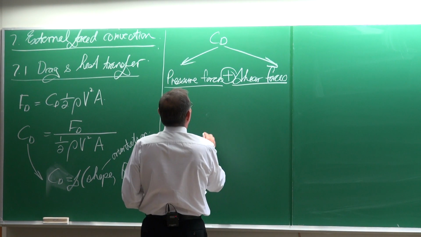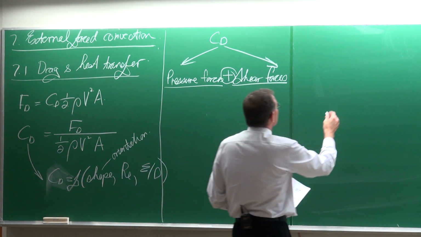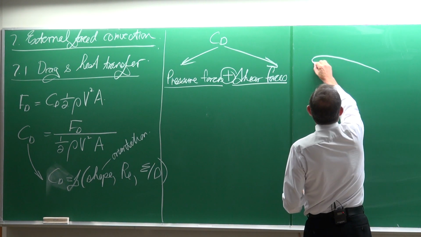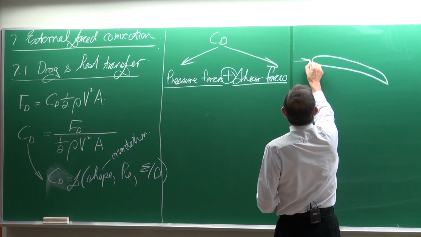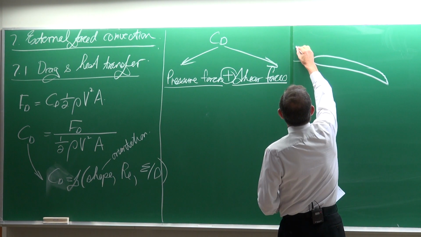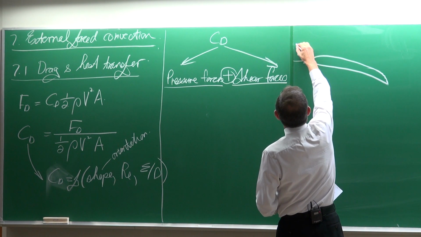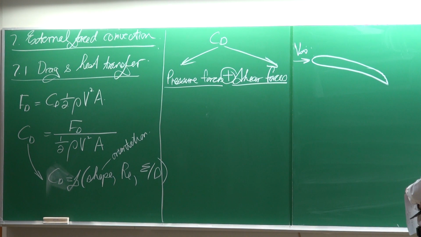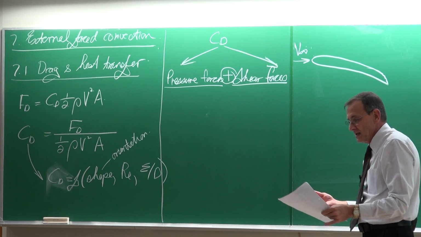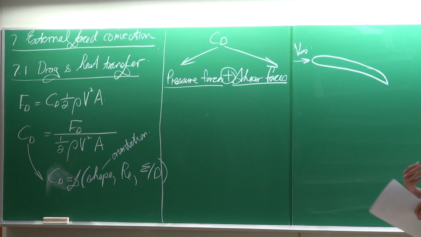Let's look, for example, at the pressure force. The pressure force, you're going to determine from experiments. And with the experiments, you're going to have this velocity, V infinite, and we call that the upstream velocity, or the approach velocity.